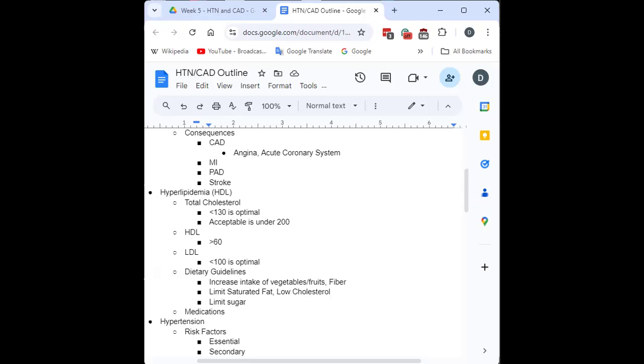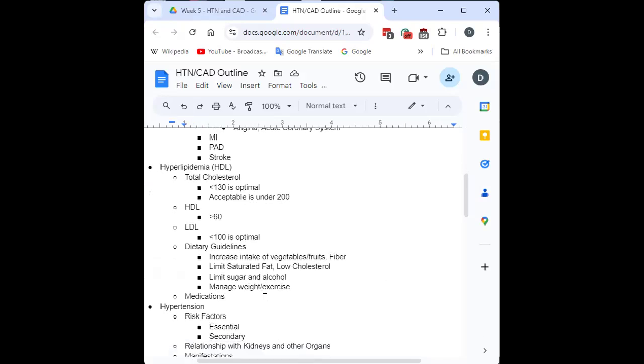Caffeine, I'm not sure if there's a specific guideline for that one, but alcohol for sure. And then I'll also throw in exercise. That's not really a dietary guideline, but weight management in general. Manage weight. Everything else is good there.